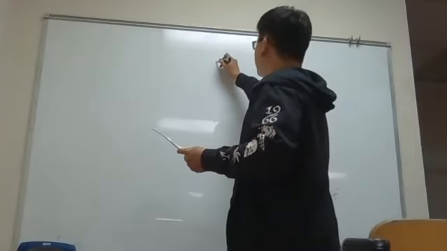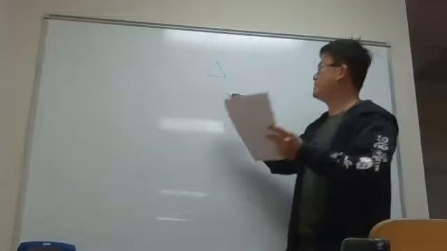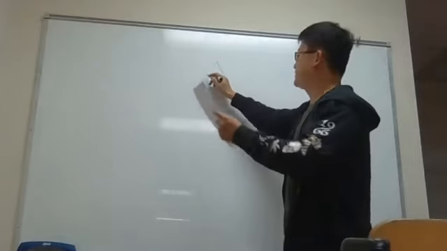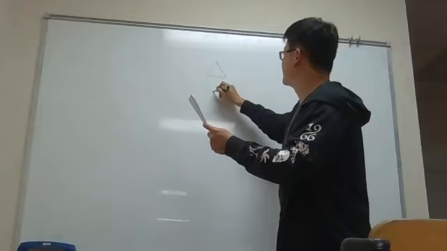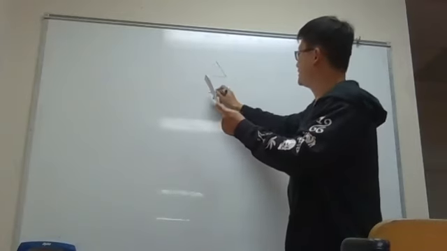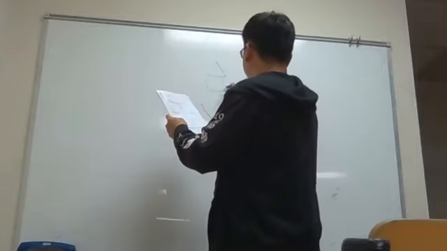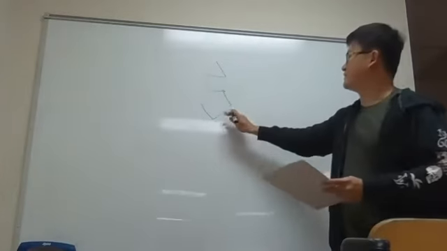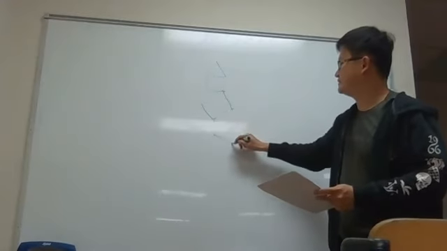So we start with a triangle, and then we remove one of the sides, and then put a rectangle here, or square here, right? And then we remove another side here and put a pentagon here. And I remove this side again, right? And put a hexagon.